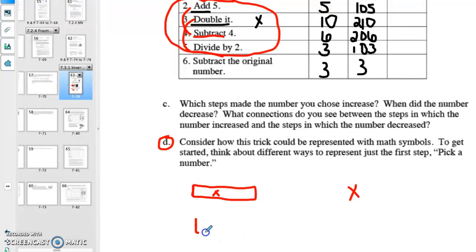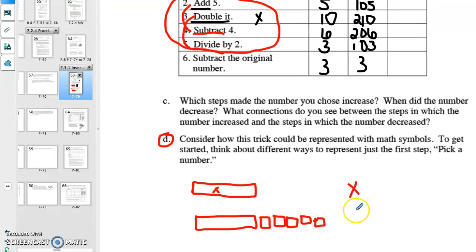If I'm showing it with a picture, I would keep my X, right? And I'm going to add 5. When I add 5, remember those are the unit tiles. With an expression, it would be X plus 5. Okay, the next step was double it.